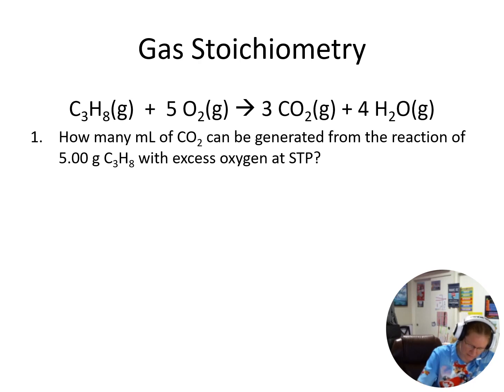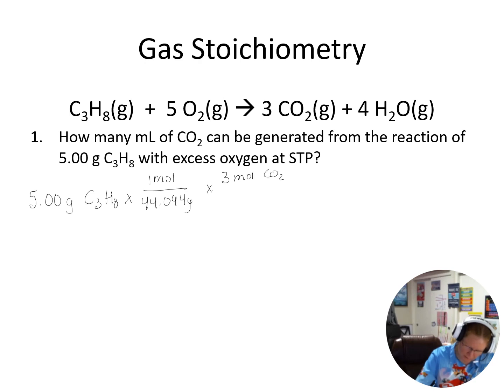Okay, so we're going to take our 5 grams, and then here's our molar mass, 44.094 grams per mole. My balanced equation tells me I have 3 moles of carbon dioxide for every 1 mole.